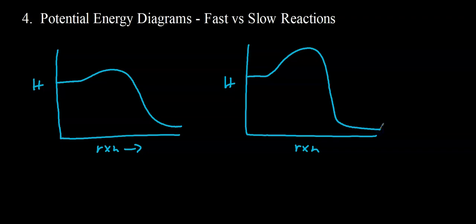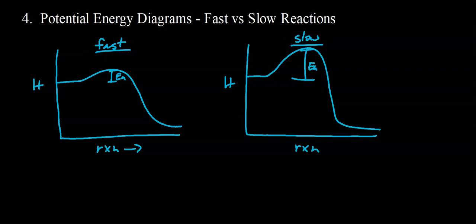I'm trying to show you on these two graphs that the energies of the reactants and the energies of the products are the same. So this is the same reaction, but what's different here is their activation energies. Notice on this graph, the activation energy is much lower than on this one. So which is fast? Which is slow? As we just read, the lower the activation energy, the faster the reaction.